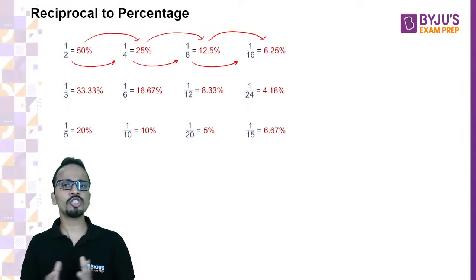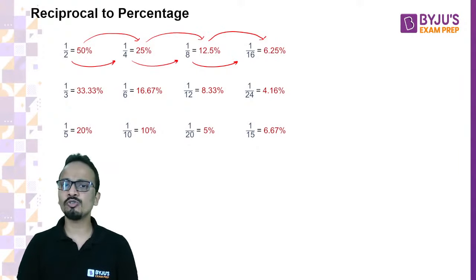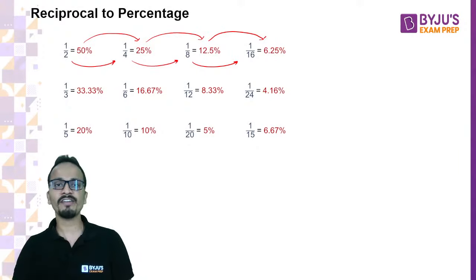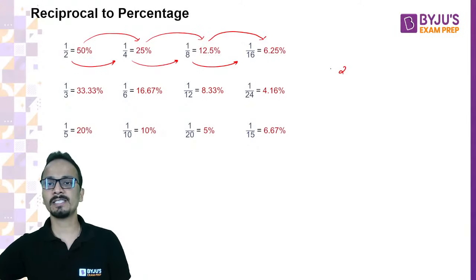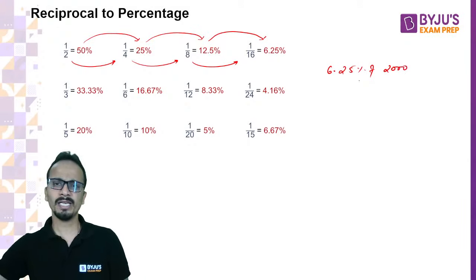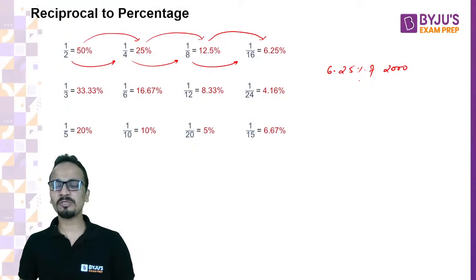In various questions, you will see that they'll ask you to calculate 6.25% of something. Let's say 6.25% of 2000. Now, 6.25% of 2000 looks a little difficult.